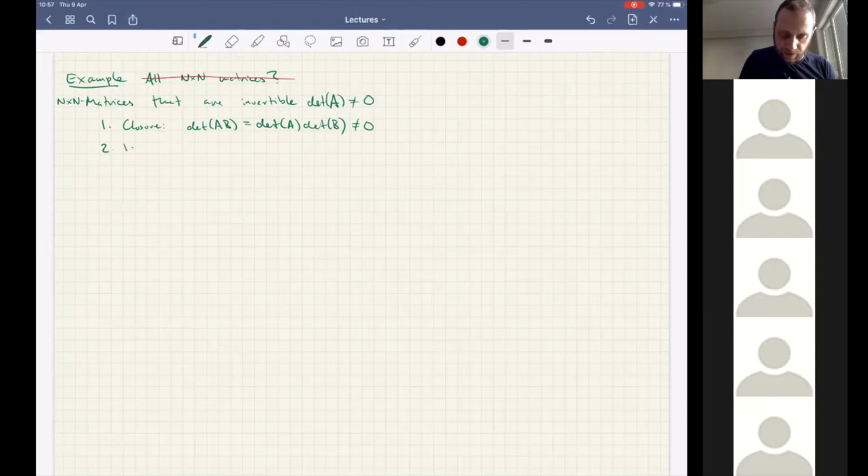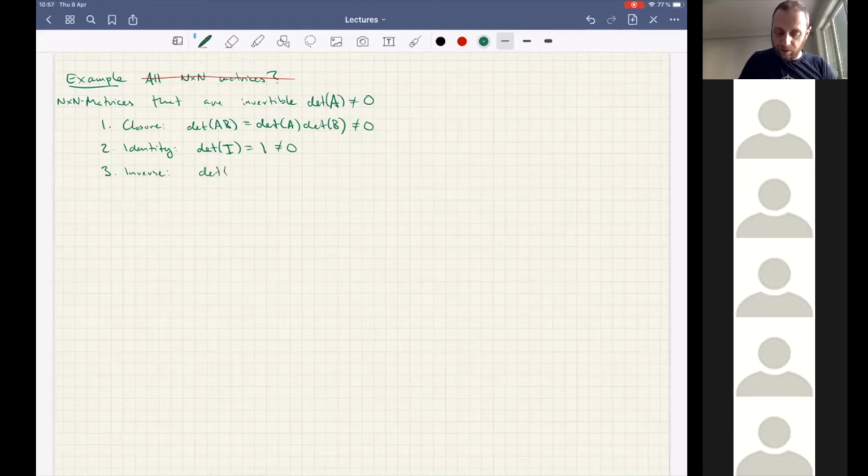2, identity. Well, this one is rather simple. The determinant of the identity matrix is 1, and 1 is different from 0. So the identity is clearly invertible. And finally, 3 is that there should be an inverse.